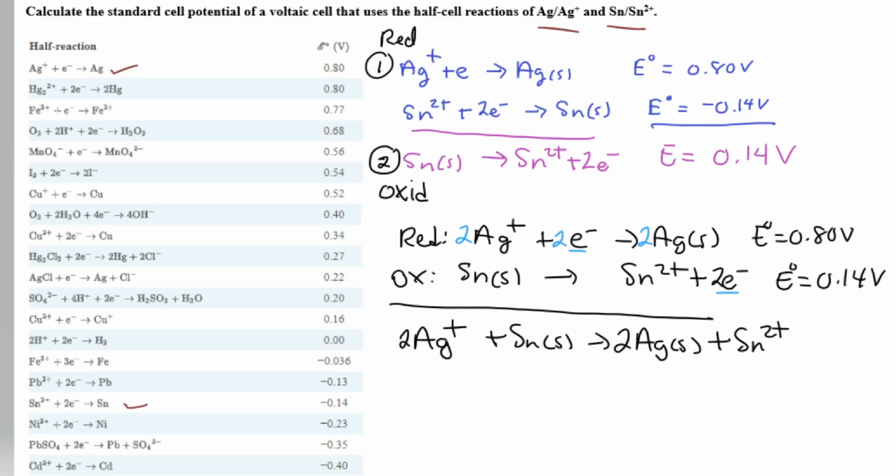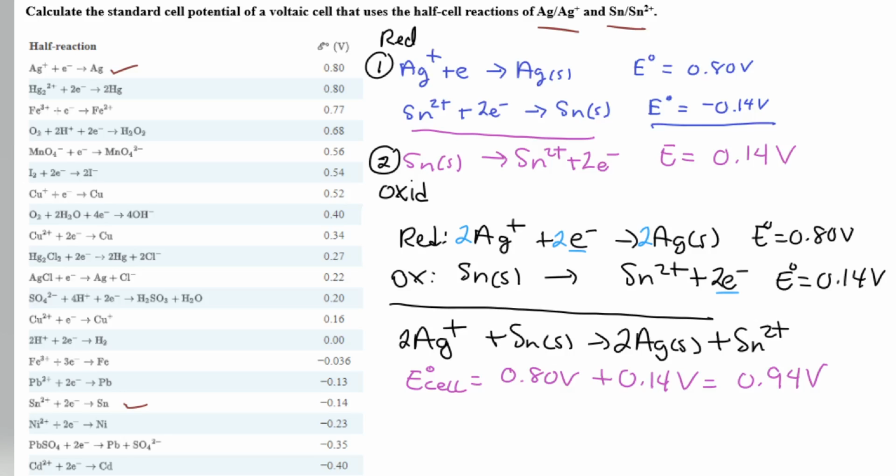I'm not writing out the electrons because those will cancel. And to find the overall E cell, we're going to add together the 0.8 volts plus the 0.14 volts, because we literally added the reactions together. 0.94 volts would be your actual standard cell potential.